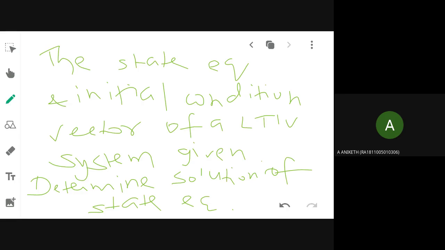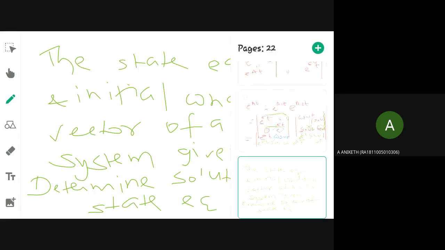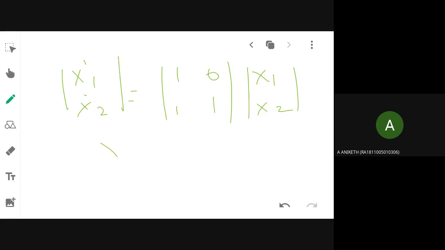The question is not complete, I have to give the system. Okay, the system is [x1 dot; x2 dot] equal to the matrix [1 0; 1 1] times [x1; x2], where x naught is equal to [1; 0]. Okay, so this is the given LTIV system.